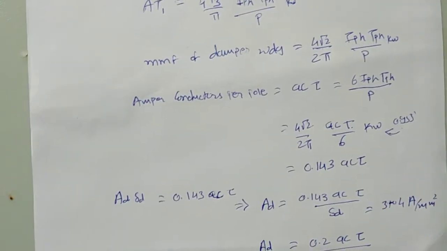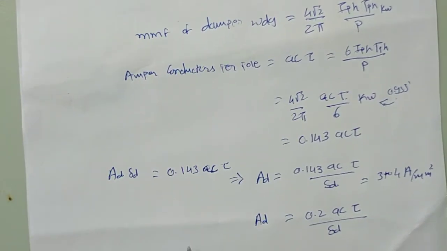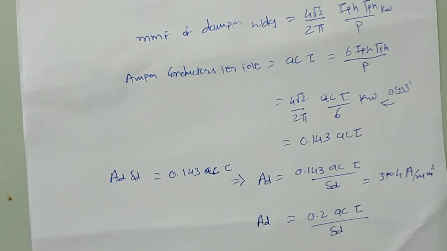Generally, if we take this as L, the length of a damper bar, let us say LD, is taken as 1.1 times the length of the core, and this is for a smaller machine. If a larger machine is there, then we have another equation: LD is equal to L plus 0.1 meter. Simply we have to add 0.1.